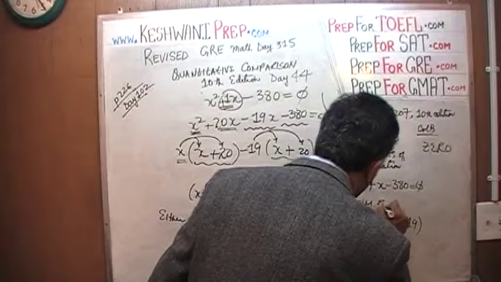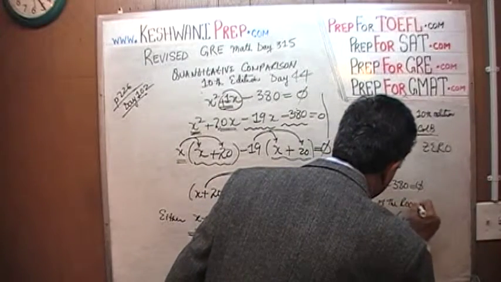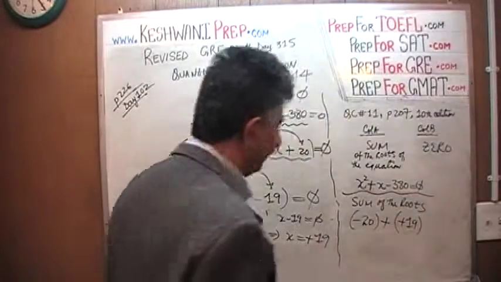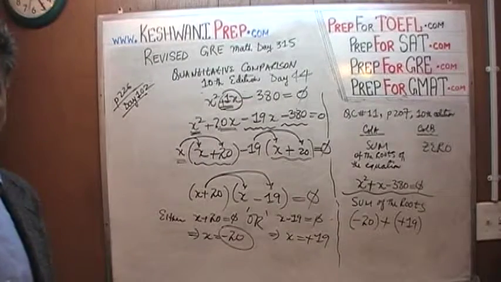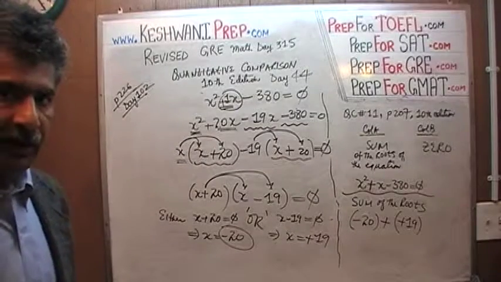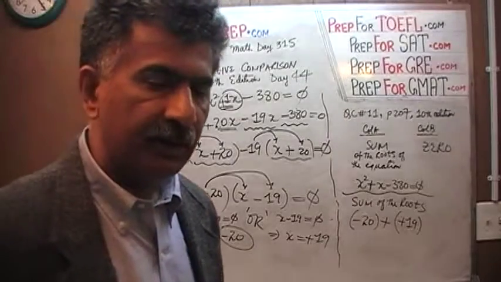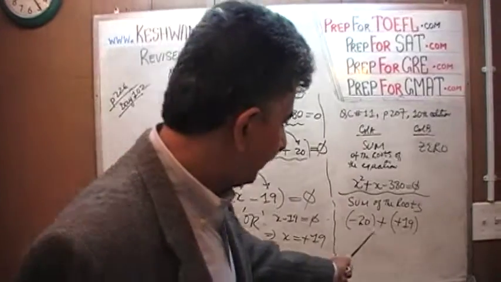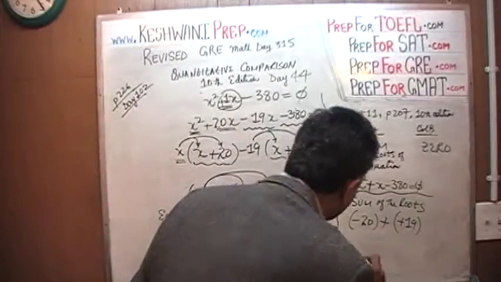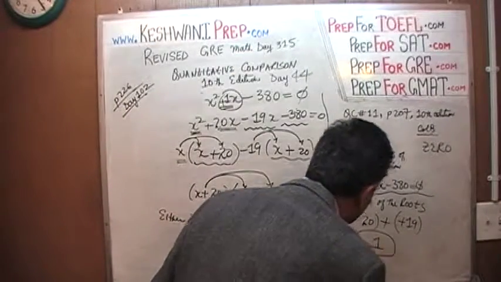The sum of the roots is right here, -20 and a +19. We are almost done. What do -20 and +19 add up to? -20 and a +19 is going to add up to -1. There you go. That's your sum of the roots.